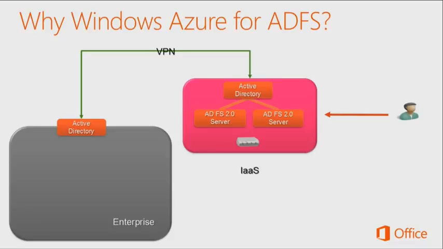But they want to run ADFS, they want to have that security, and they've got 2,000-plus users that need to log in. Here they can put that infrastructure in the cloud, so it's always available for those users no matter where they are. So if the local internet connection to their on-premise AD goes down, they can still log in and authenticate to Office 365 from wherever they are. Okay?